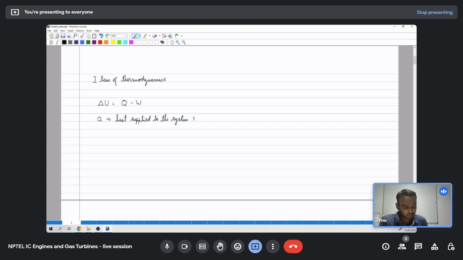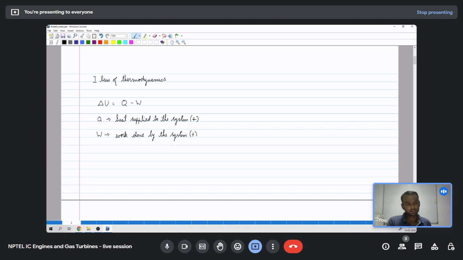and any heat supplied to the system is taken as positive, and any heat rejected by the system is generally taken as negative. And similarly, work is the work done by the system on the surroundings, and this is also taken as positive.